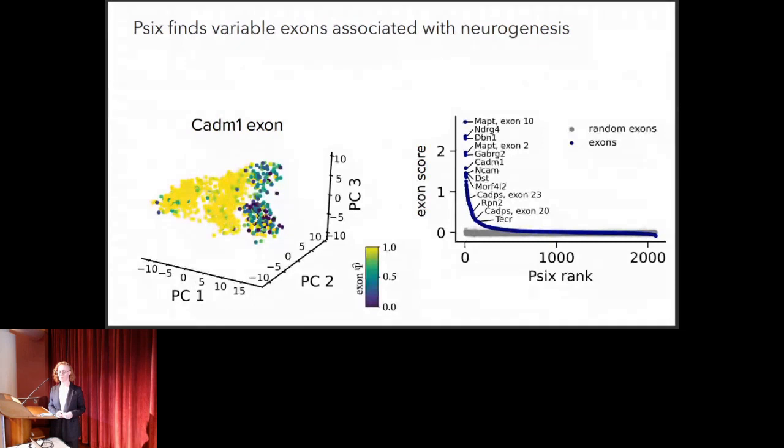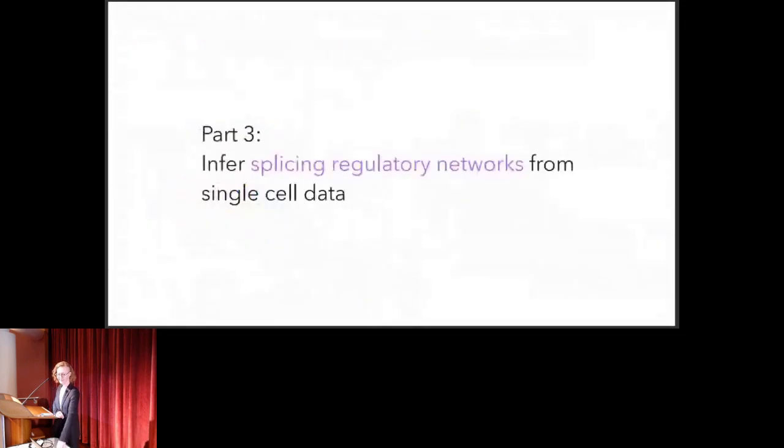And it can be controlled by one or several splicing factors, and single cell data presents this great opportunity to use the information that you get about splicing factor expression and try to connect that to splicing outcomes. But of course, it's still hampered by this problem of noisy recovery. And so we wanted to move on to infer splicing regulatory networks from the exons that we had identified as significant.